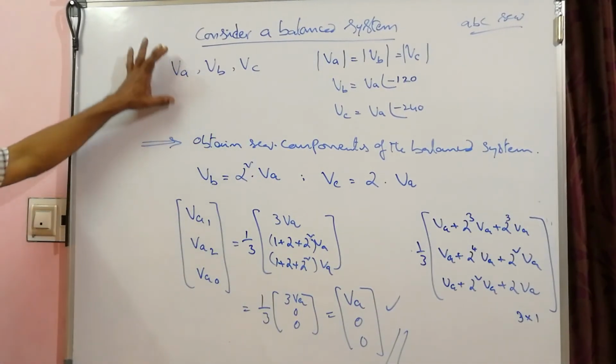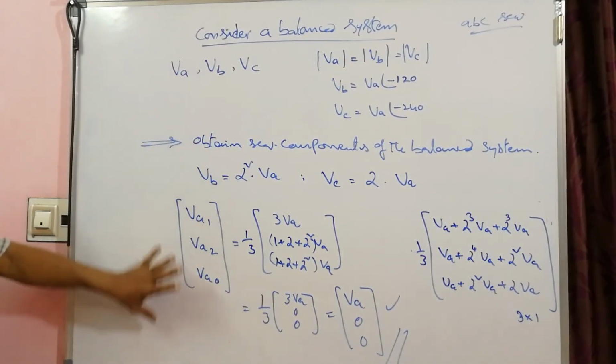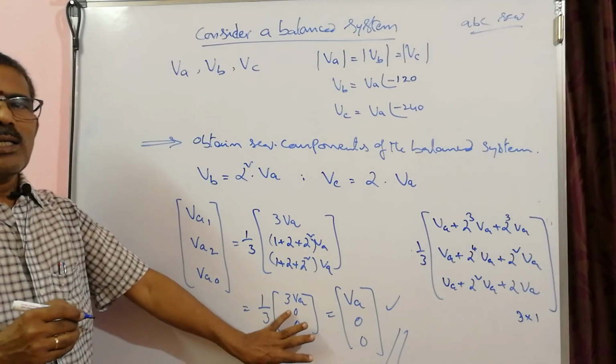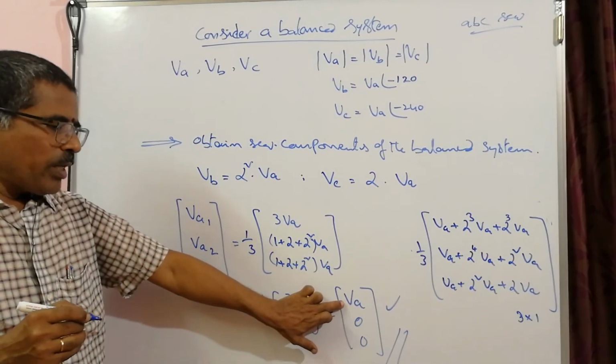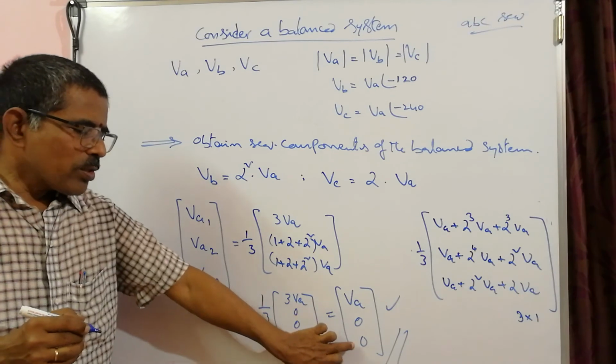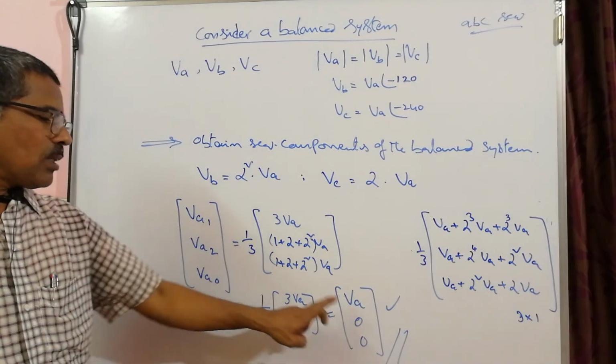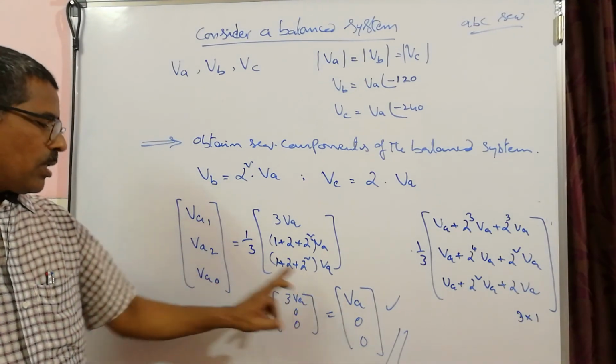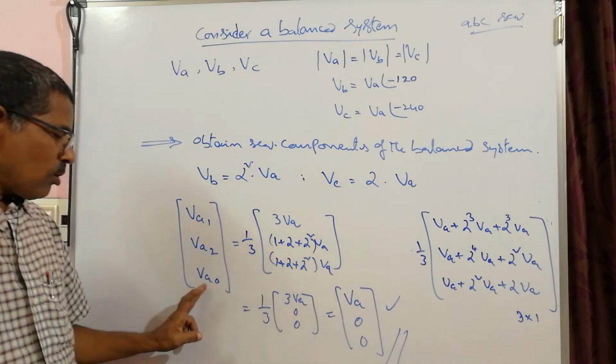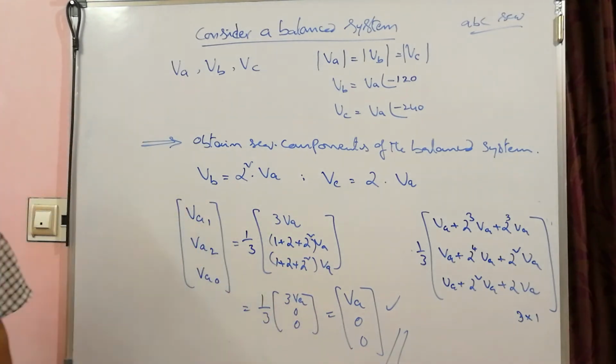So, for a balanced set, if you try to resolve into symmetrical components, what you are getting is VA, 0, 0, which means the balanced set of phasors, voltages or currents will have only positive sequence values. Negative sequence value is 0, zero sequence value is 0.